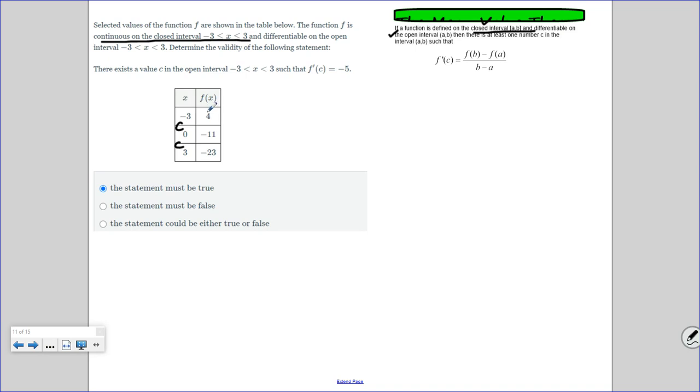Okay, well, first of all, let's find the slope of the entire thing. So let's find the slope from here to here. So I would do -23 minus 4 over 3 minus -3.